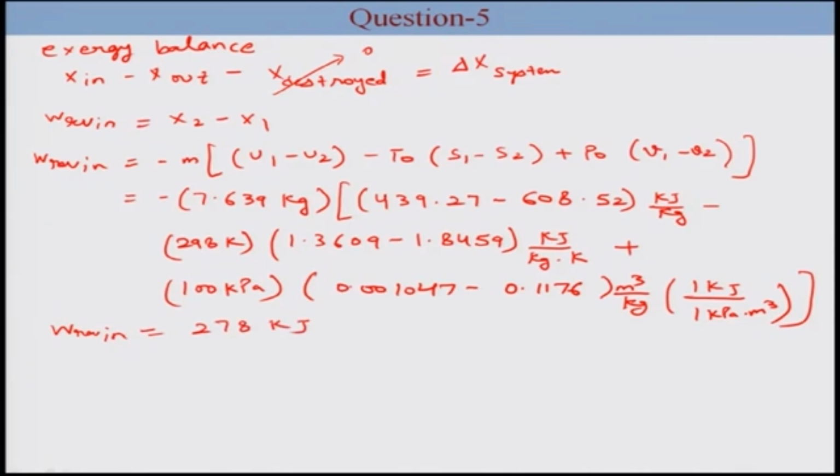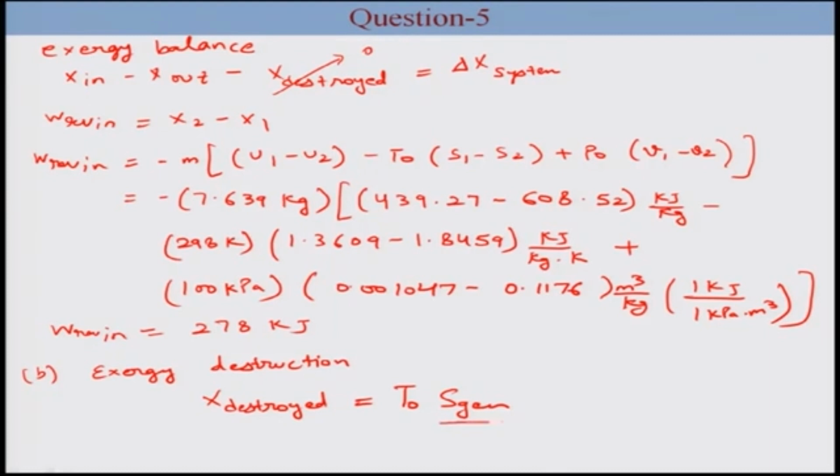Now the second part is we have to calculate the exergy destroyed during this process. So exergy destruction can be determined from its definition as exergy destroyed is equal to T0 times S gen, where the entropy generation is determined from the entropy balance on the cylinder, which is an insulated closed system.